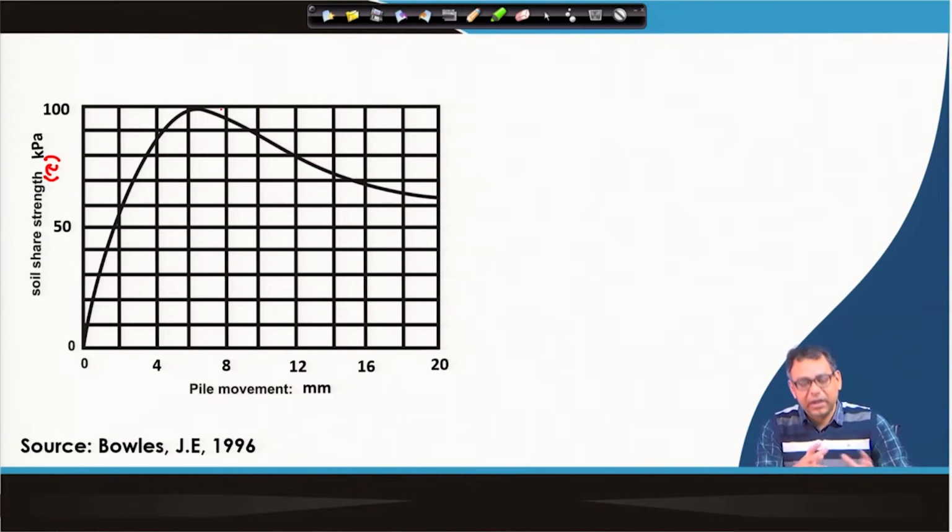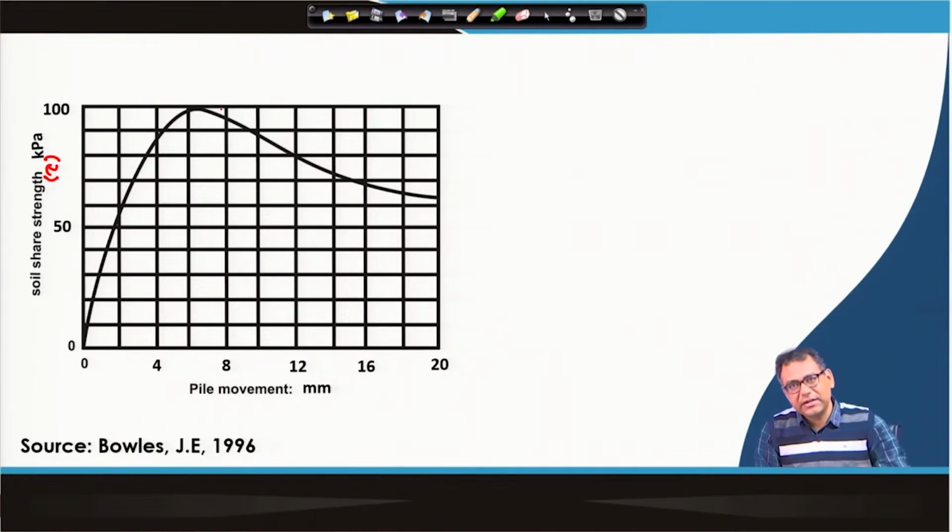So how is this curve generated? By field instrumentation. The pile deformation at different points is measured, and strain gauges are placed along the length of the pile. Based on the strain gauges, the stress on the pile for a certain deformation and other values are calculated.